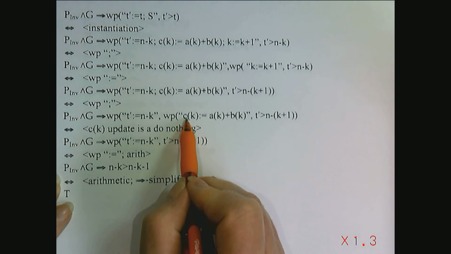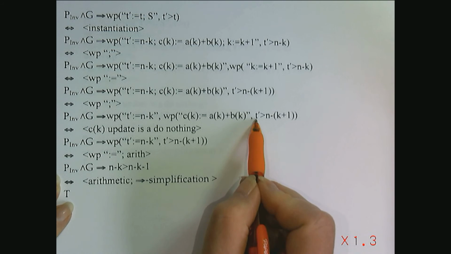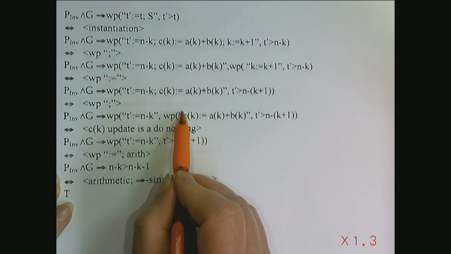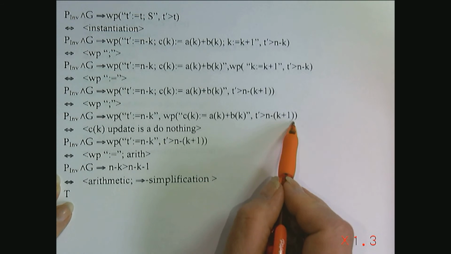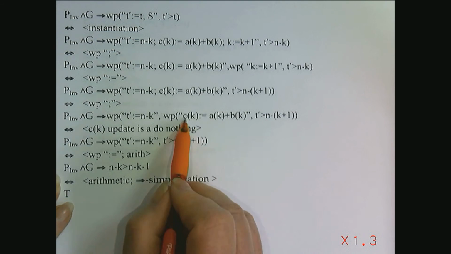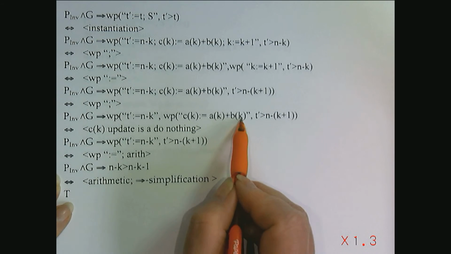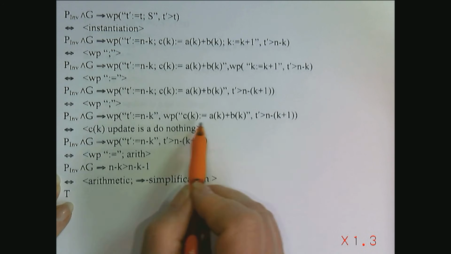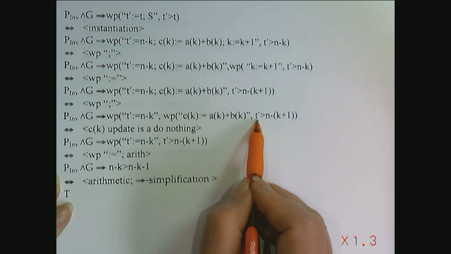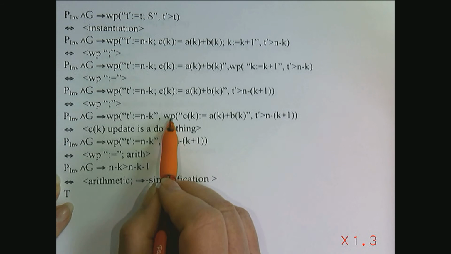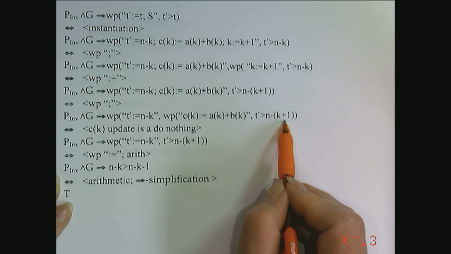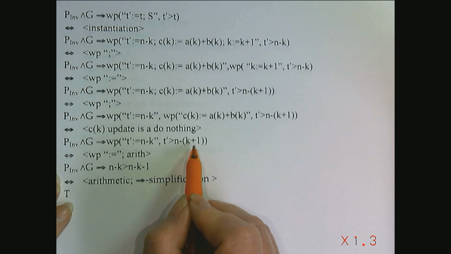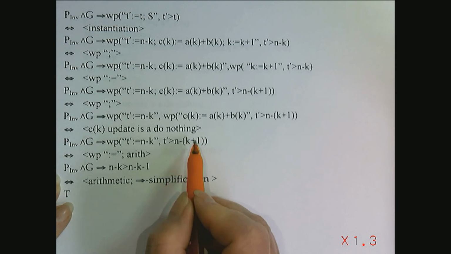Well, if we look at this, our postcondition is not a function of c[k] at all. So this update of c[k] is a do-nothing. It's almost like a skip. And the weakest precondition of a do-nothing or a skip is the original postcondition. So the weakest precondition of this will be t prime is greater than n minus the quantity k plus 1.